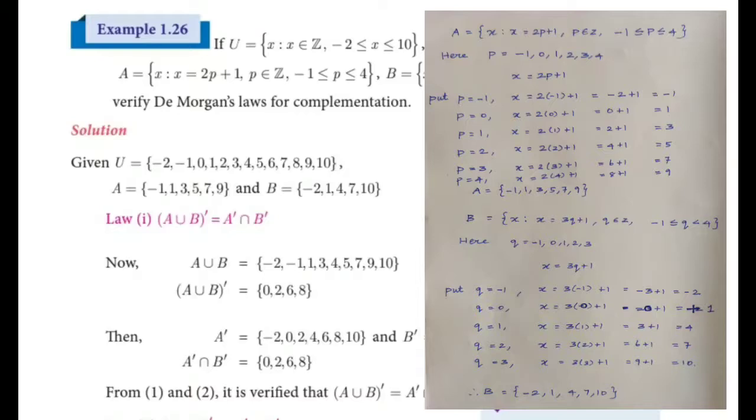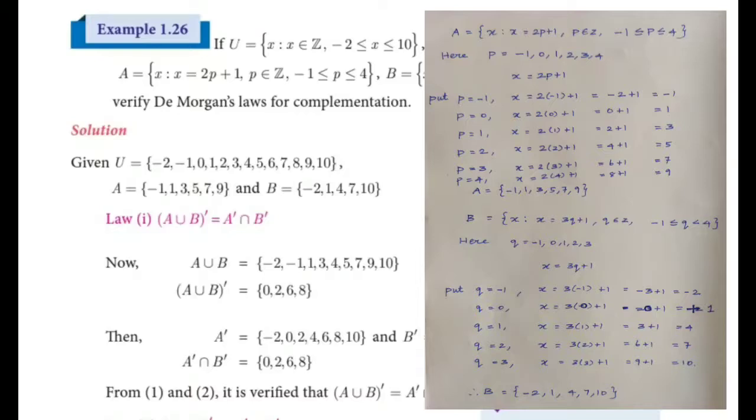Put p = -1, then x = 2 × (-1) + 1 = -2 + 1, we get -1. Put p = 0, then x = 2 × 0 + 1 = 0 + 1, we get 1.